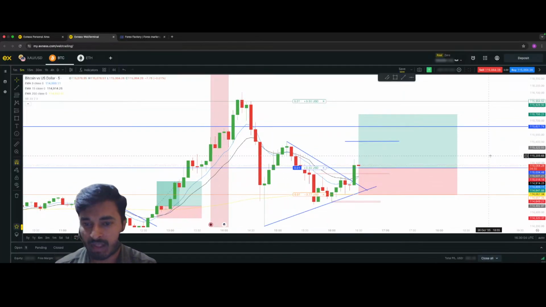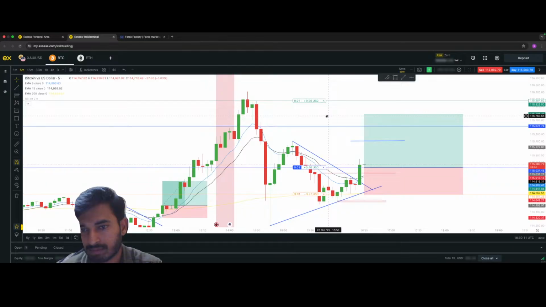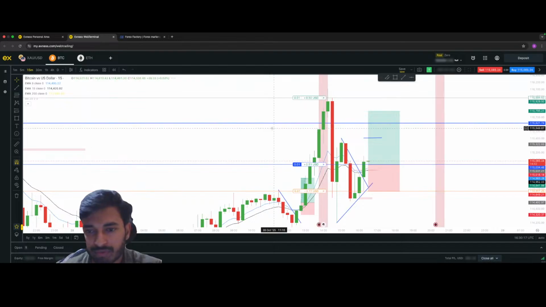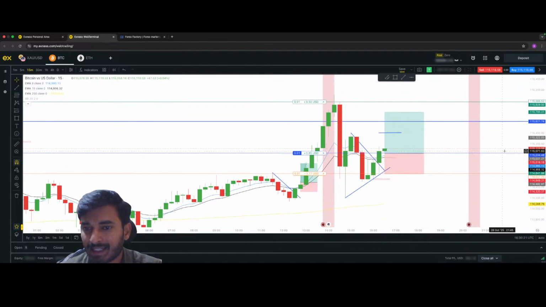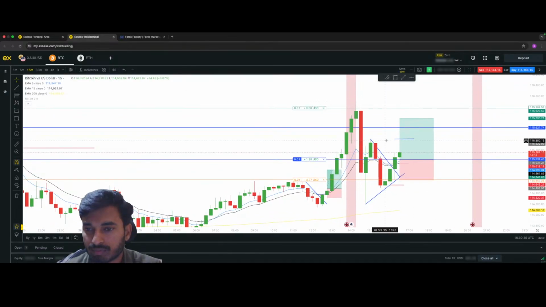Yeah, now entry is set, the stop loss is set and the target is set. Now we have to wait and watch what will happen. If I look into 15 minutes, it is above 9 EMA. So this trade is going to move up.